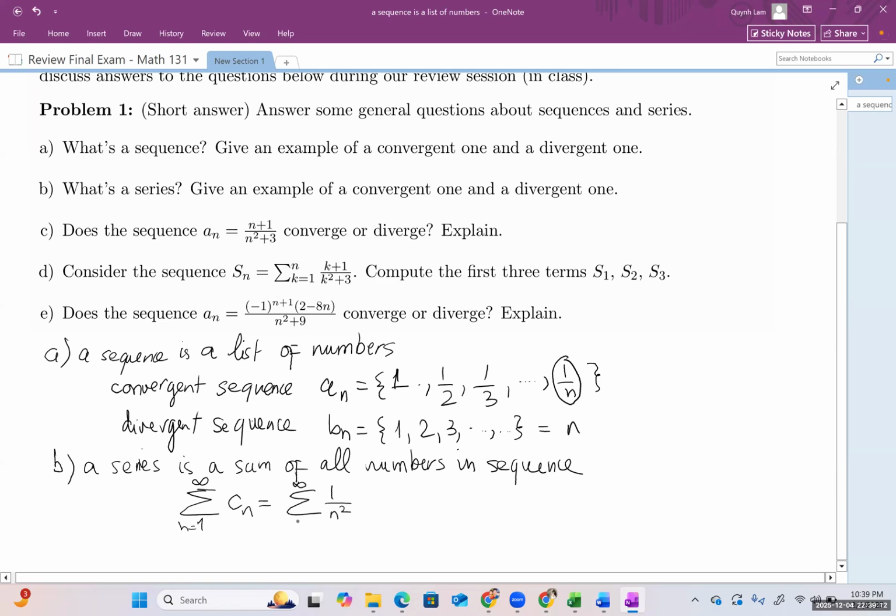Why do I go with this one? Because this is convergent, because it is a p-series with p equal to 2, which is greater than 1. That might converge.